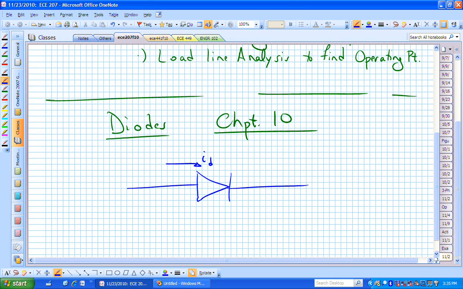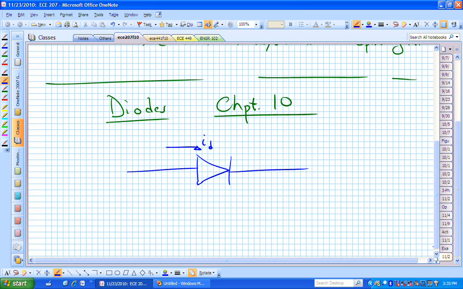To think about how it might work, it only allows current to flow in one direction for this particular type of diode. The direction of current flow is labeled I sub D, and that corresponds to a particular voltage drop across that diode indicated from the anode end to the cathode end.